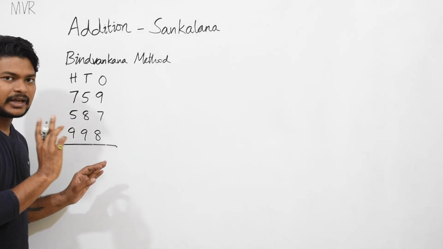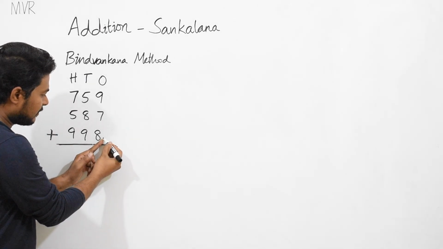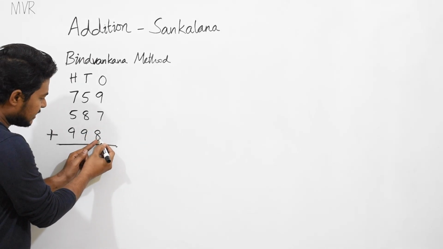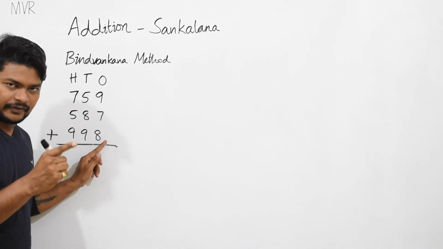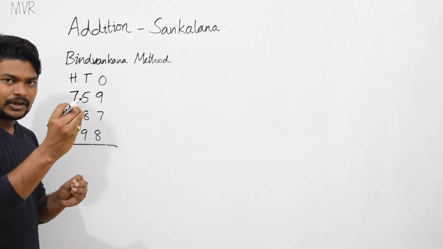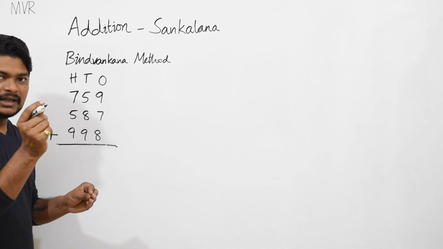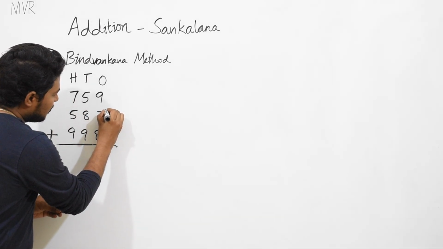Now observe very carefully. Here we need to add from the bottom. You take 8 and you add it to 7. What is 8 plus 7? It's 15, right? Whichever crossing above 10, you just need to remember the units place, and the tens place significance you can indicate by the dot.